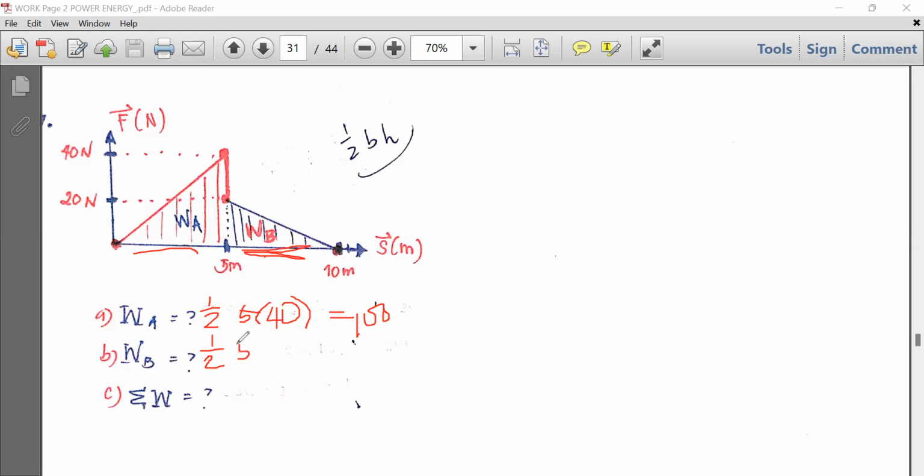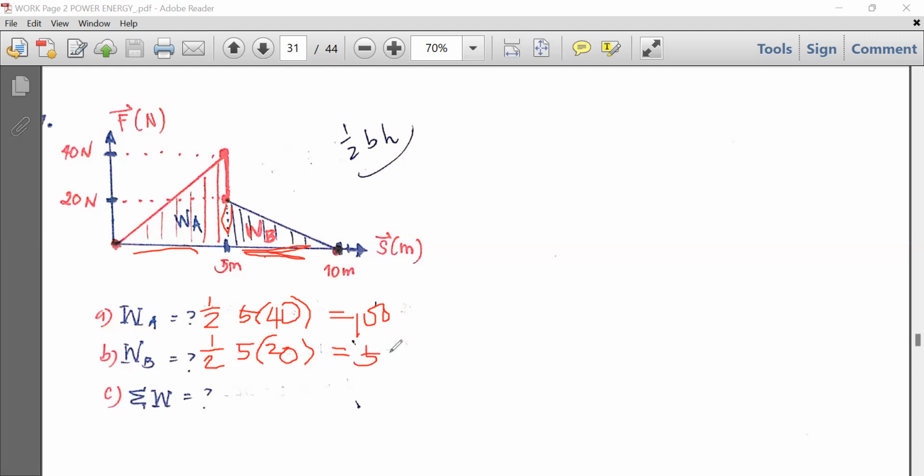10 minus 5 is 5. Then multiply that by the force applied. The height is here, 20 newtons. So 5 times 20, and 20 times 5 is 100. 1/2 of that is, of course, 50.